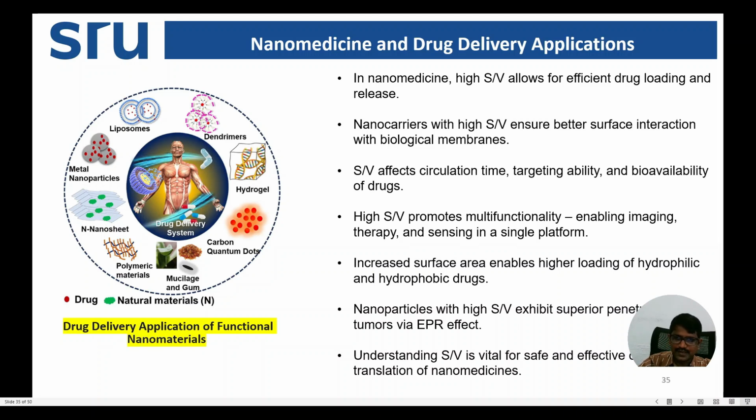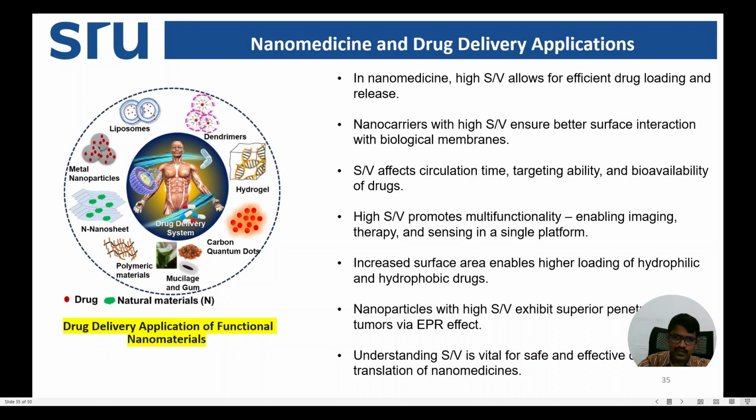So we need nanocarriers. We saw one image in the last class, the nanobots. These nanorobots carry the medicine to the affected area, or to where we want to treat that particular part. So we need nanocarriers with a high surface to volume ratio to ensure better surface interaction with biological membranes.